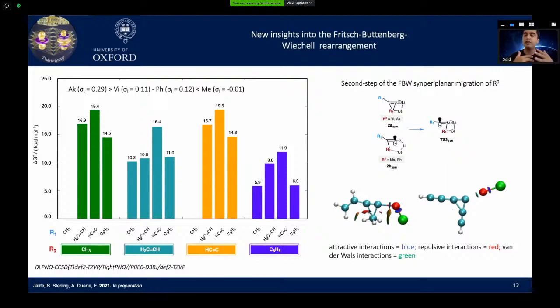So there might be some steric repulsions playing in here, while in other cases we don't have this type of steric repulsion. Rather, the NCI just reveals the attractive character of the lithium and chloride, and the lithium and the lone pair of the carbon atom.